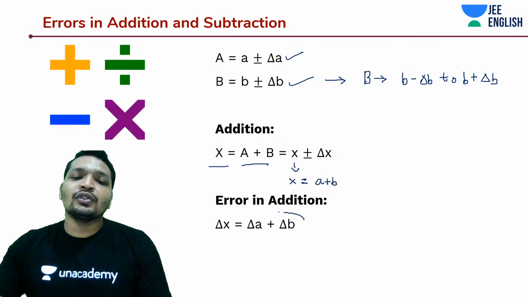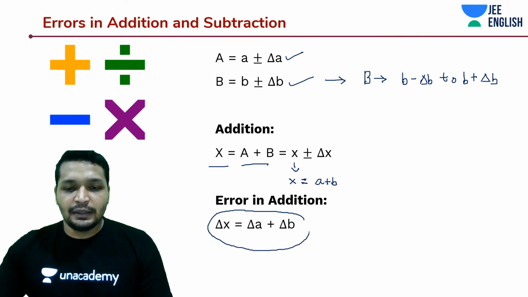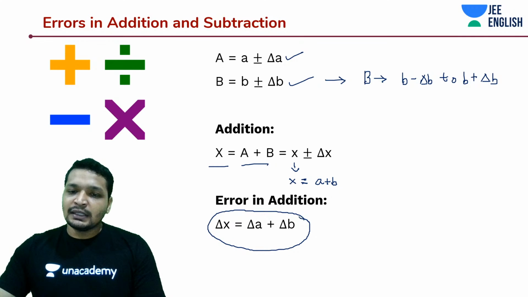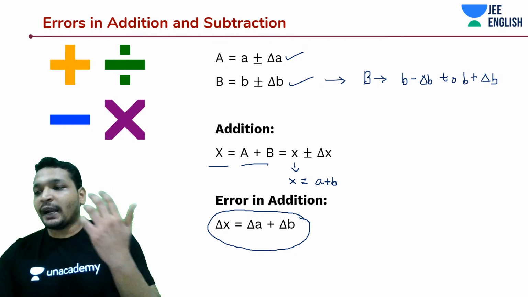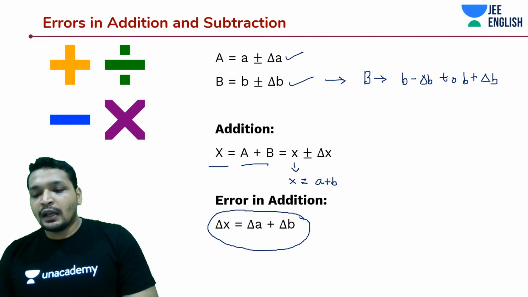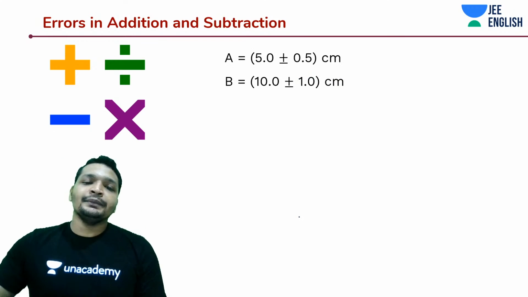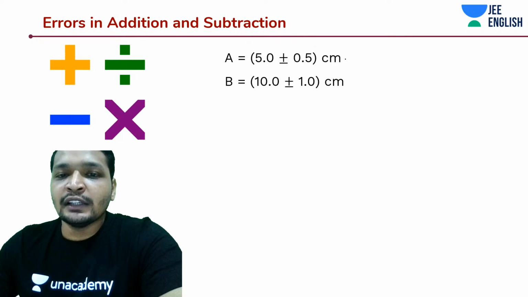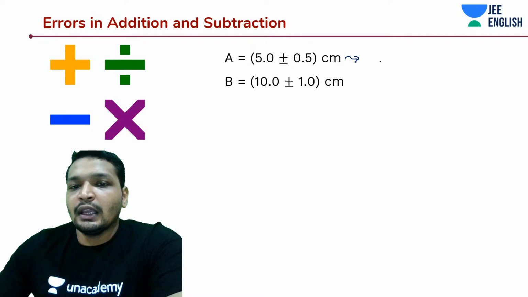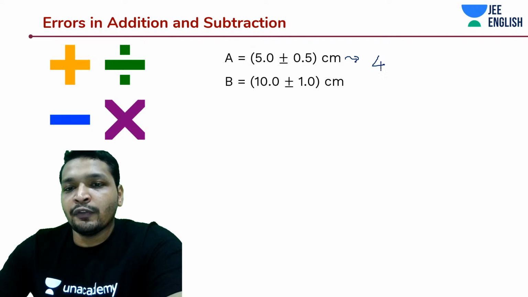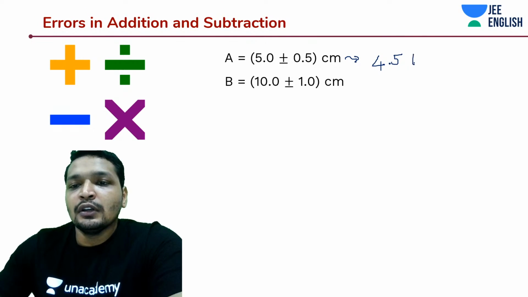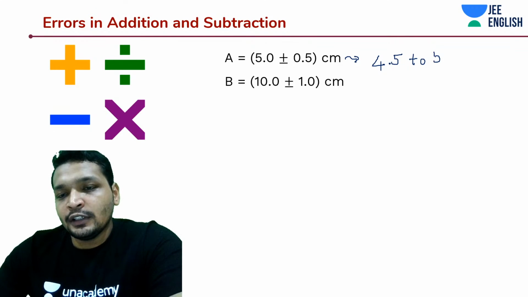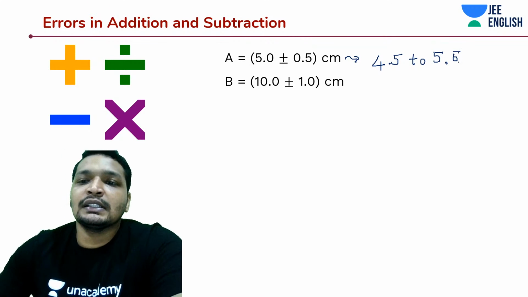Delta x is equal to delta A plus delta B. Simple, right? We just saw practically this work. Right? So how about subtraction? Again, we know this value should lie between the same kind of value, so it should lie between 4.5 to 5.5 centimeters.